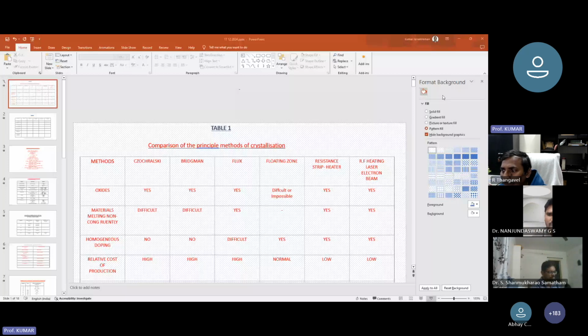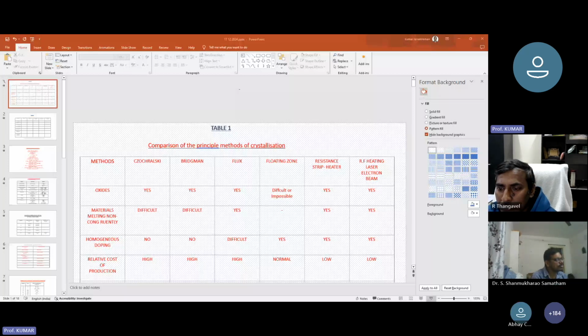There are also some groups which use lower frequencies. It depends on the coupling coefficient between the heating element, or rather the RF frequency, and the material which is used for growing the crystal. Laser assisted heating can also be done, which is generally done for floating zone activity. Electron beam heating can also be done for mostly oxides.